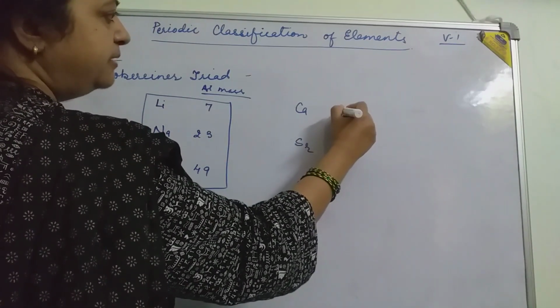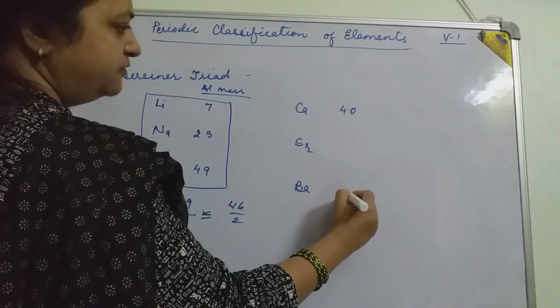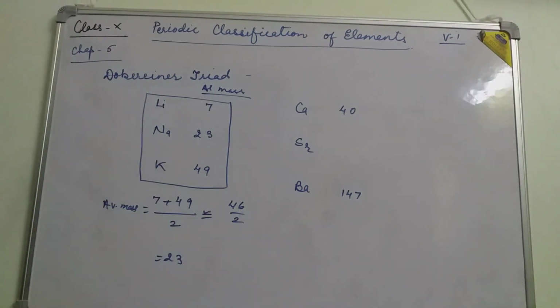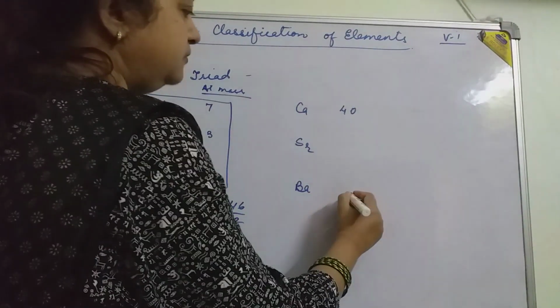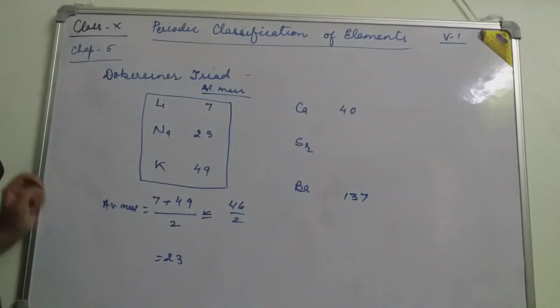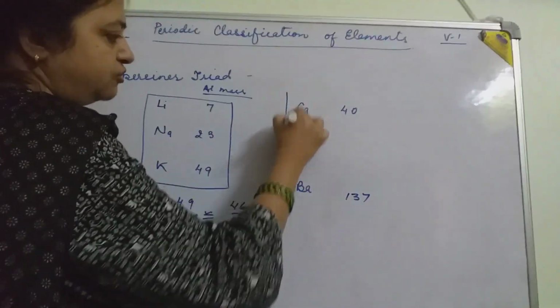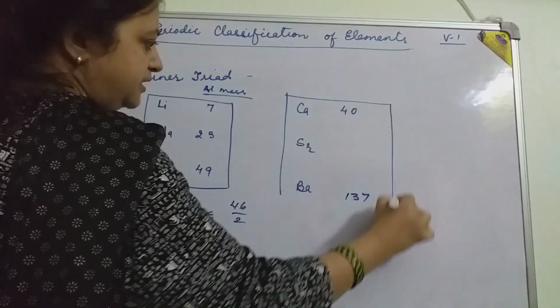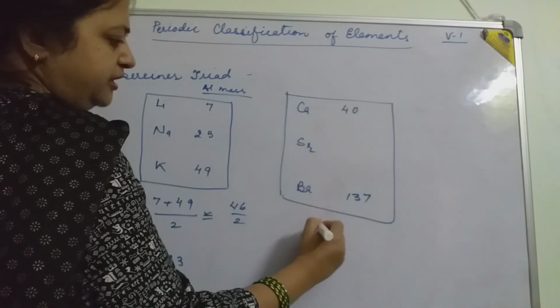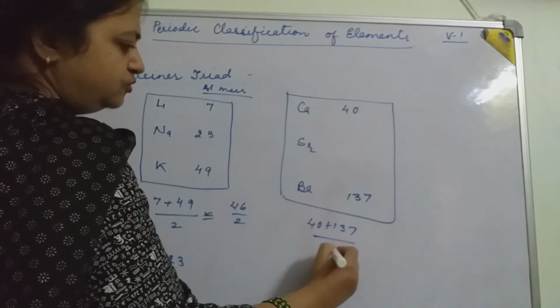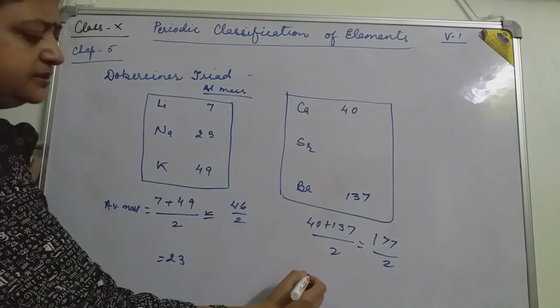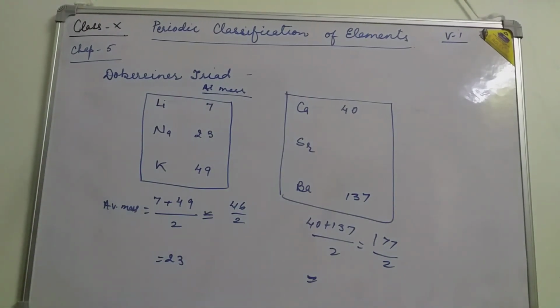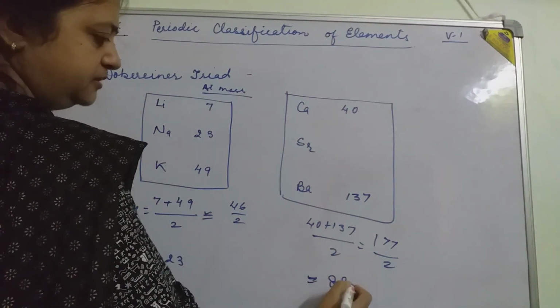If you know the mass of calcium is 40 and barium is 137, then you can calculate the approximate mass of strontium as 40 plus 137 by 2, which is 177 by 2, approximately 88.7.